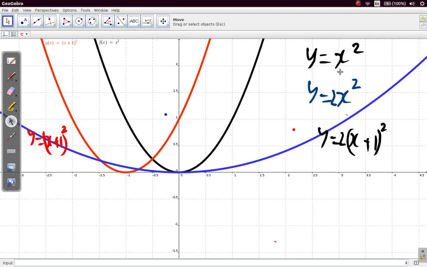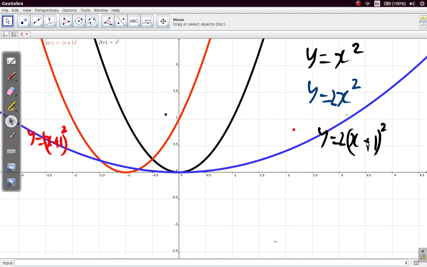We can multiply x squared by a number to make it steeper or flatter. We can add a number to x squared to move the graph up or down. We can add a number to x and then square it to move the graph left or right.